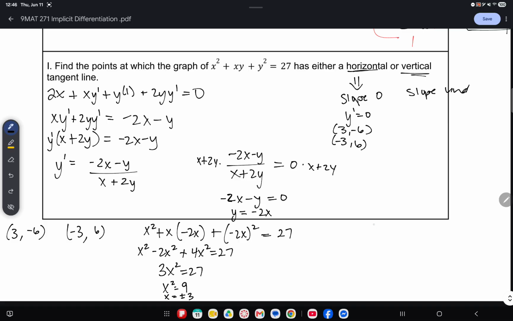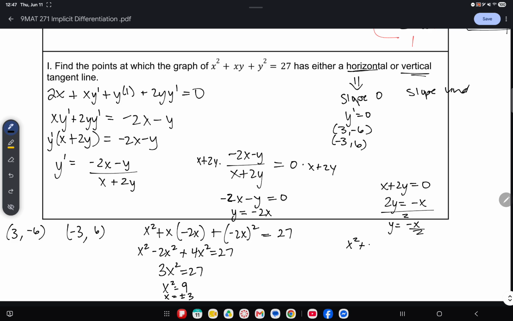Now undefined is the denominator set equal to 0. So x plus 2y set equal to 0. So let's solve for y again. So 2y is negative x, and then divide both sides by 2. So y is negative 1/2 x. Let's do the same thing and substitute.